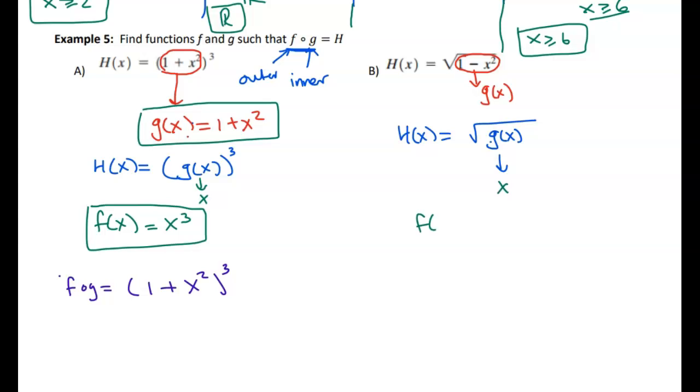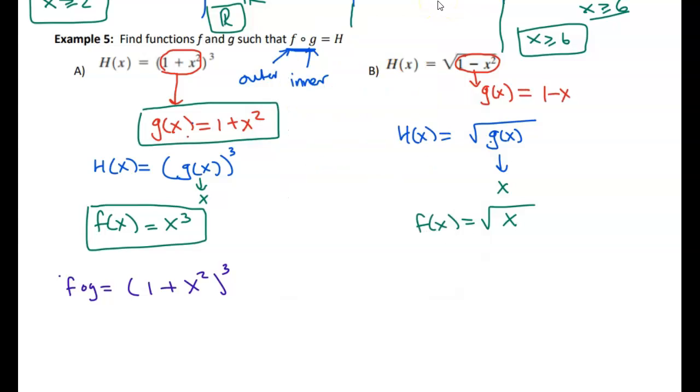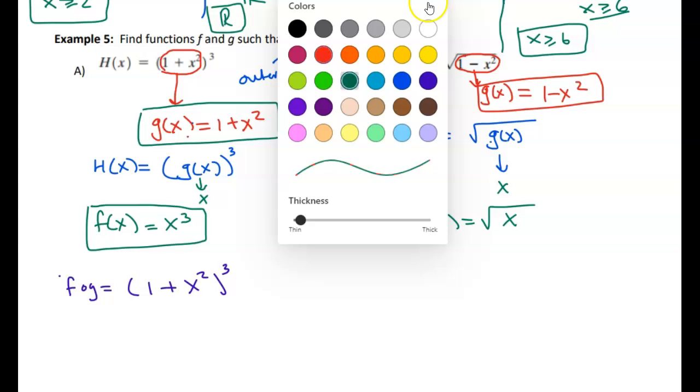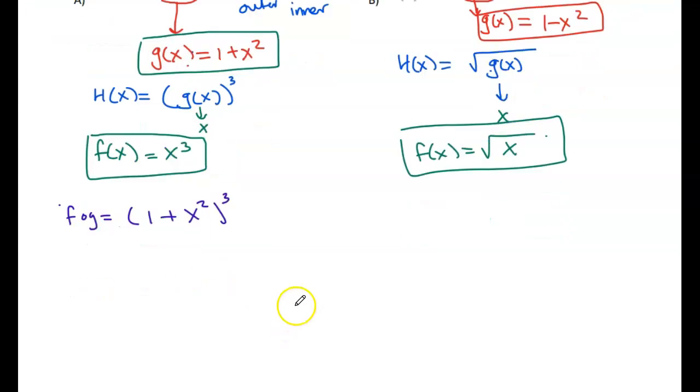So f of x is going to be the square root of x. Okay, so this is my definition. g of x is 1 minus x squared, which gets plugged into f of x equals the square root of x to compose and give us our h of x.